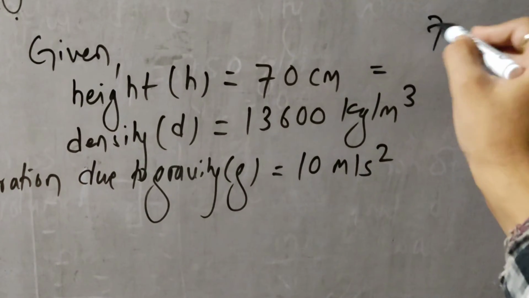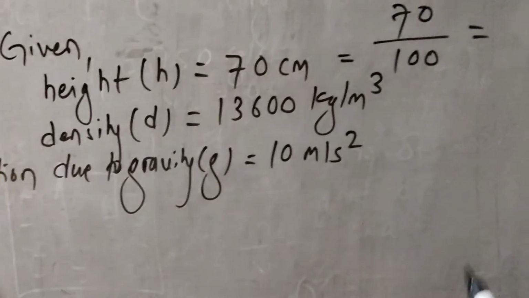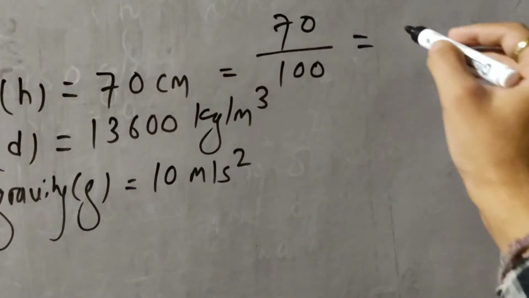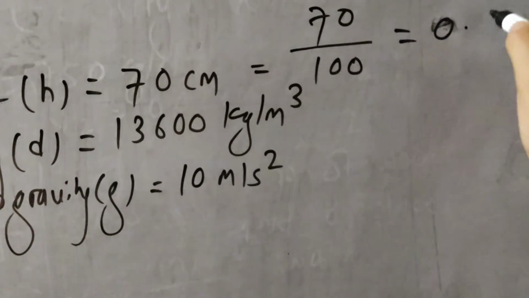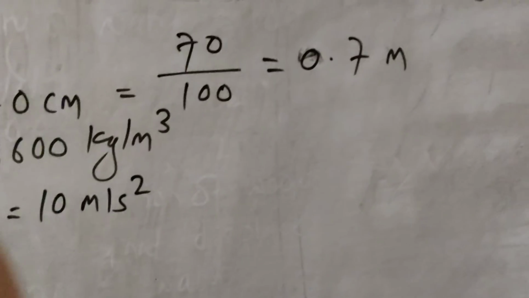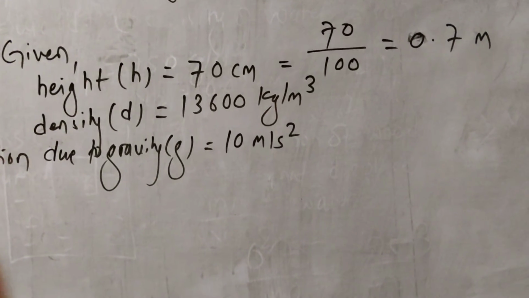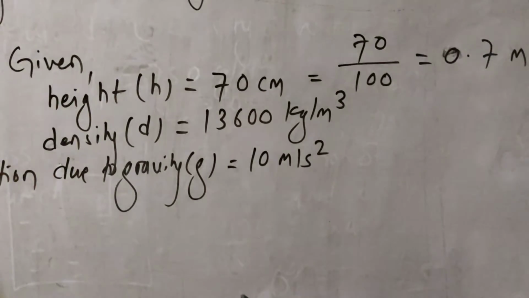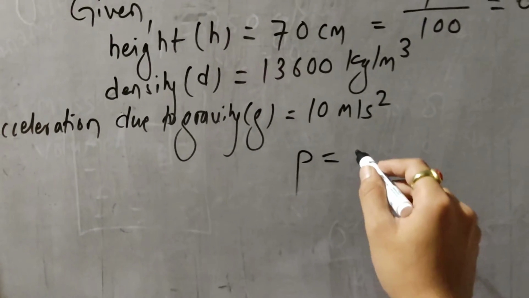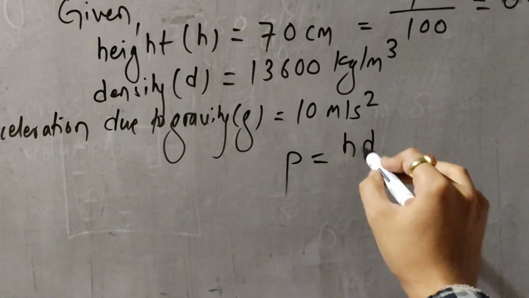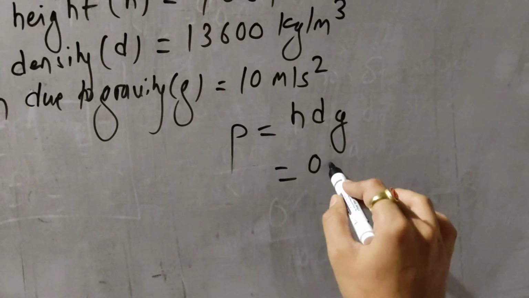Now 70 divided by 100, and we can get that value in meters. That will be 0.7 meter. Now simply we can put the formula of liquid pressure. P is equal to h d g. H is height, that is 0.7.